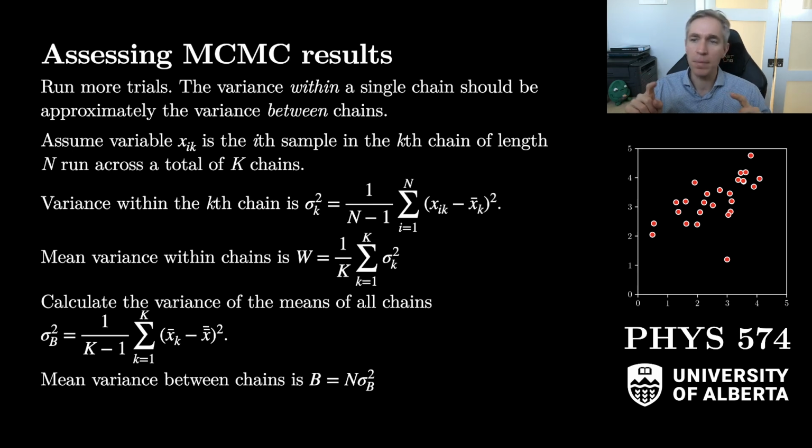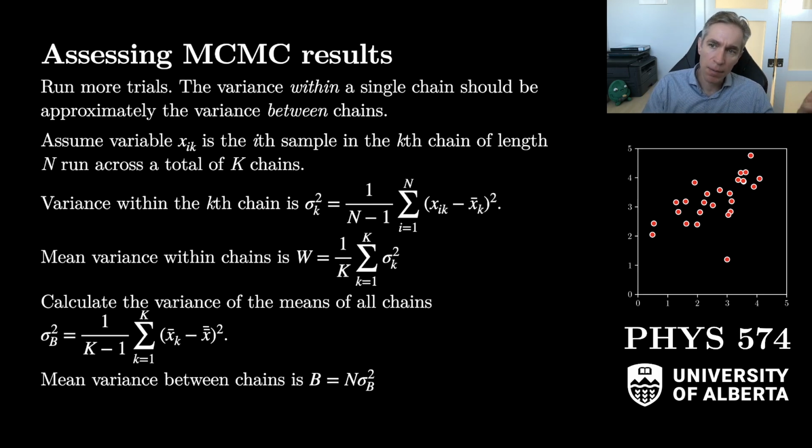If these agree, it gives you evidence that each chain is independently sampling the full distribution function, and that it's giving you the same answer no matter which chain you are using.